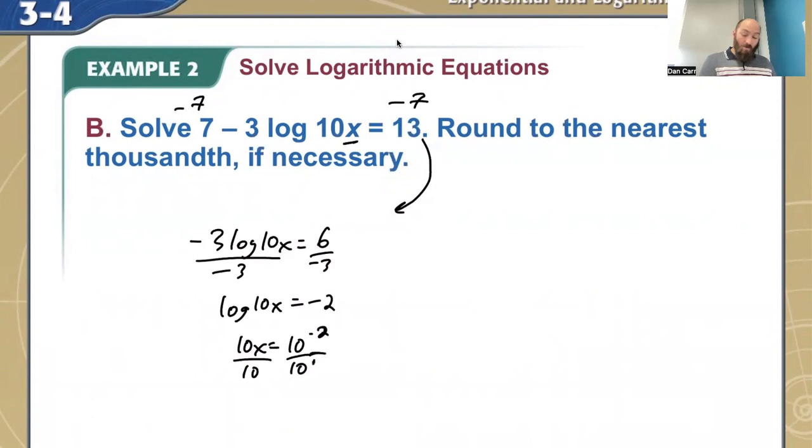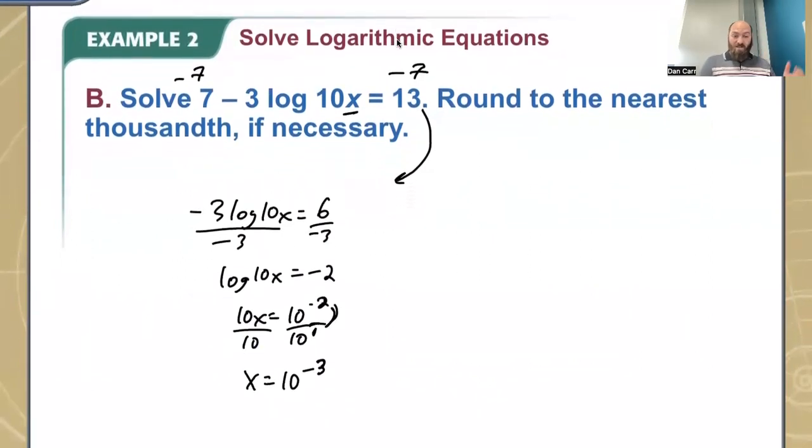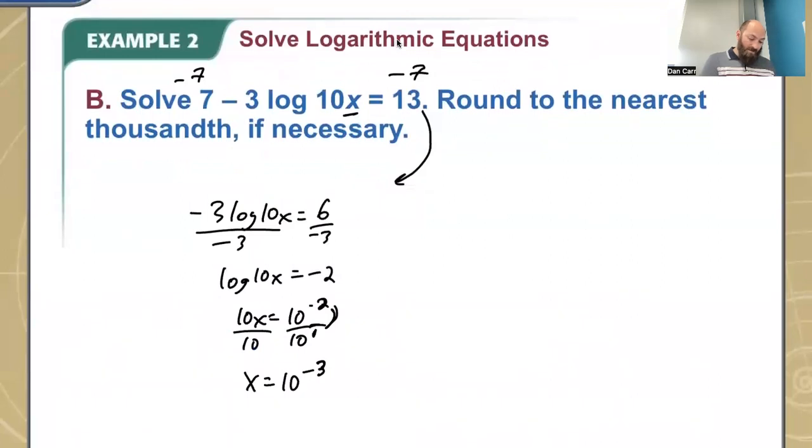So remember what I'm doing with my exponent rules here. If I'm dividing both sides by 10 to the first, that means this is the same as taking -2 minus 1. So I'm going to subtract my 2 exponents here. So that's 10 to the -3. I don't have to round it off necessarily, but this is the same as, right? 10 to the -3 will be 0.001.